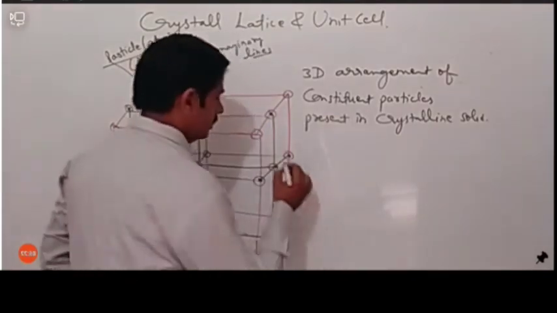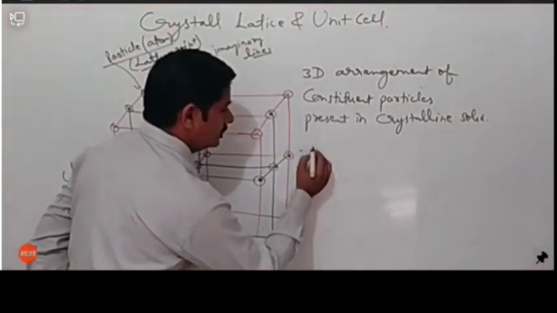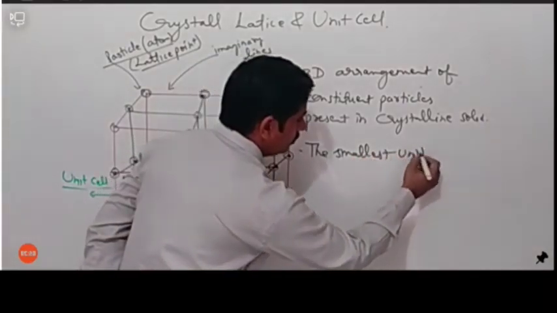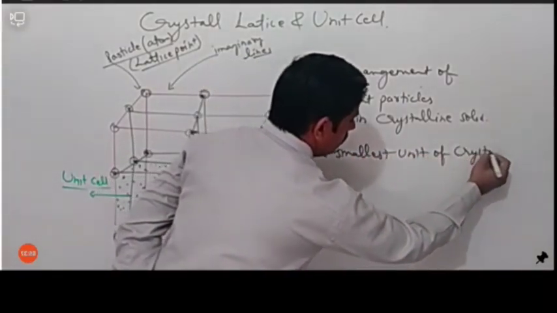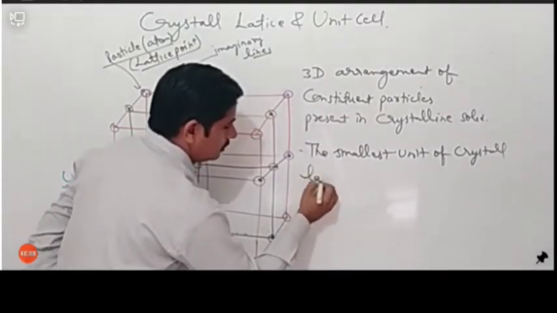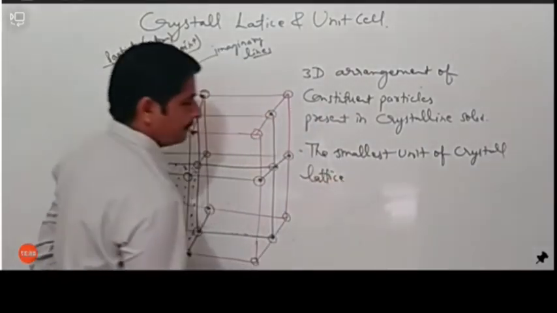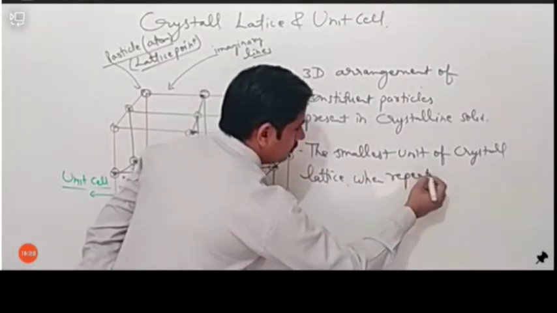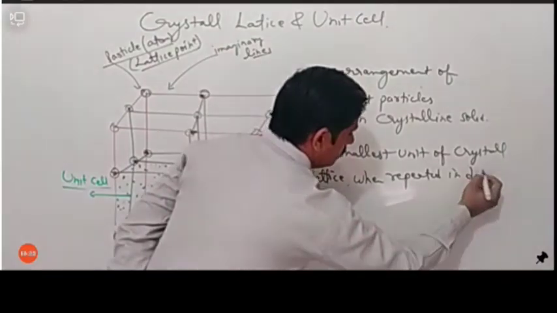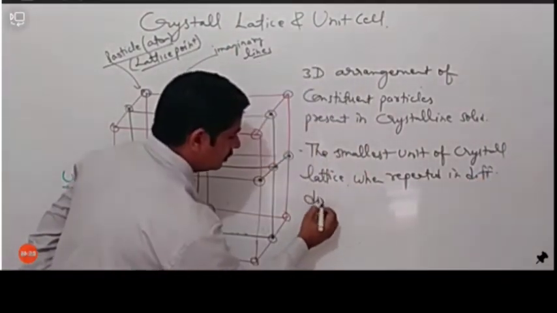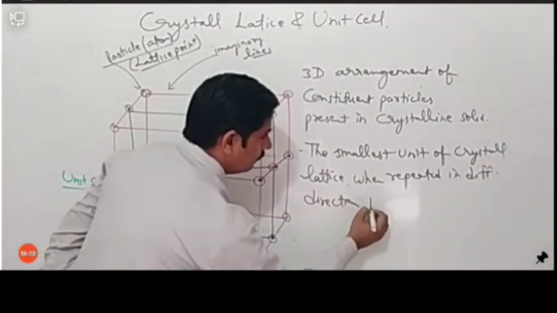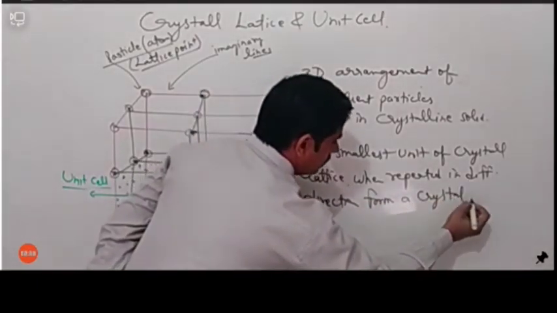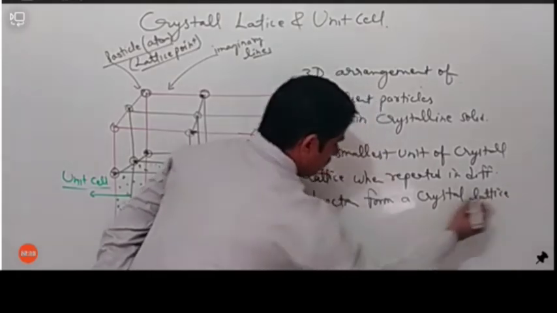So here we can say, the smallest unit of crystal lattice, when repeated in different directions, forms a crystal lattice.